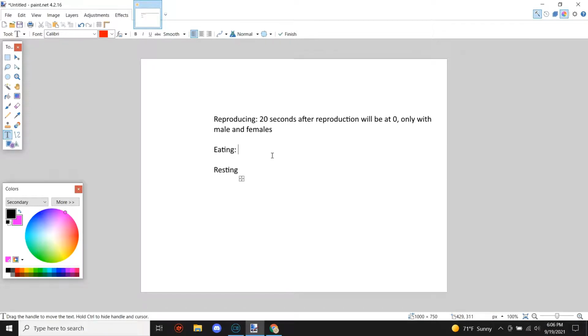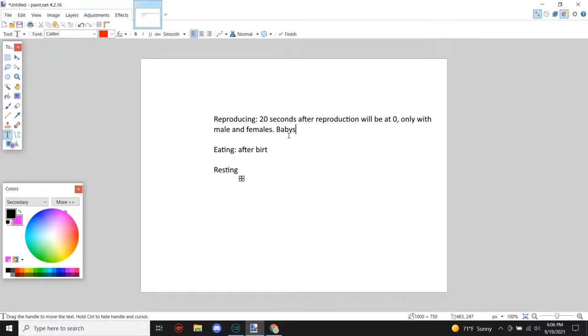After birth, I'm pretty sure that's going to be the main priority. Oh wait, 20 seconds after reproduction. Well, I feel like I made it sound like the isopods that had the babies.